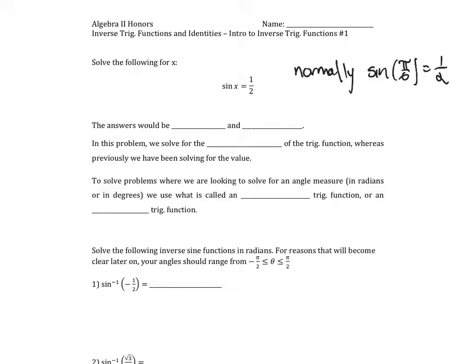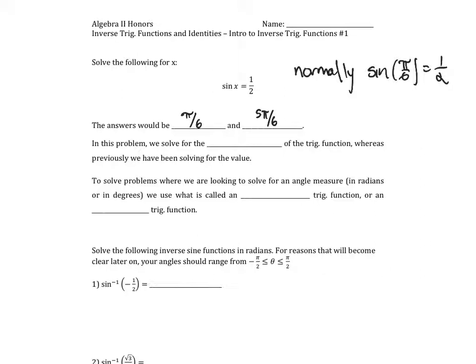Now it's saying where is sine of x equal to 1/2. So you might say, oh, clearly one of them is pi over 6. That's the angle in quadrant 1. What's the angle in quadrant 2? 5 pi over 6, right?